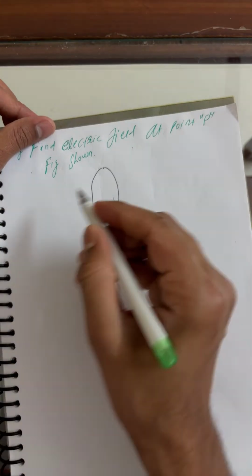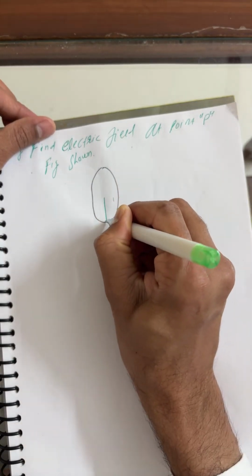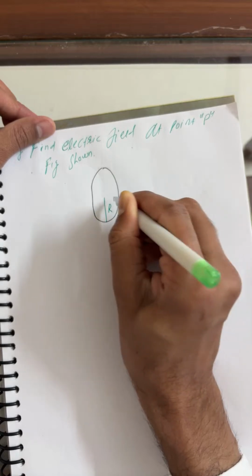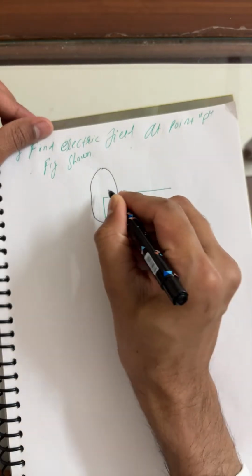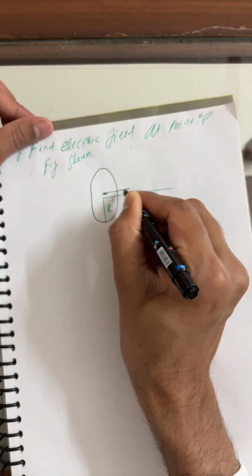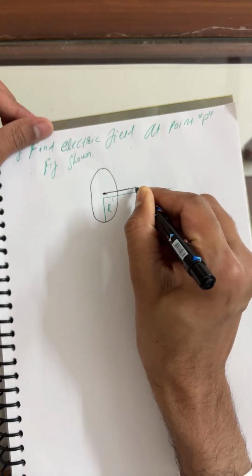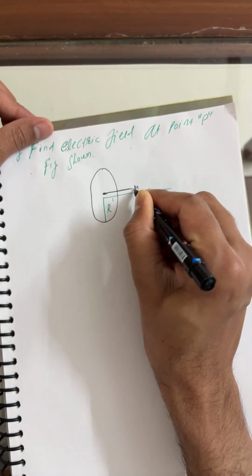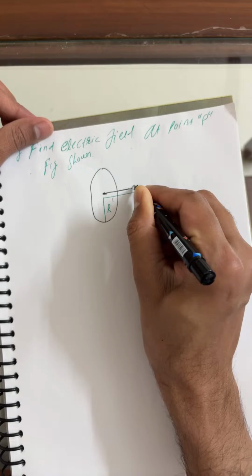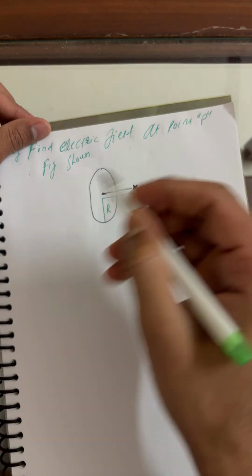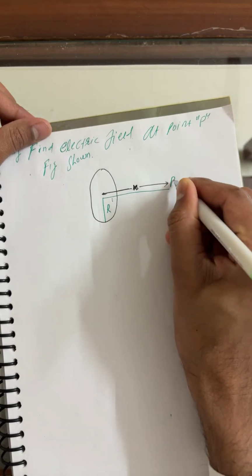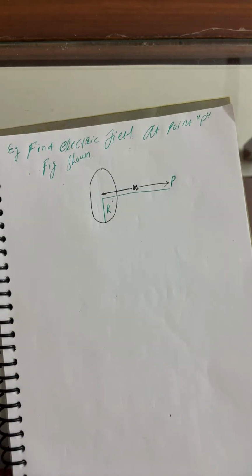Taking normal consideration, R is the radius, and at any distance x from the center of the ring, you can say this is point P.